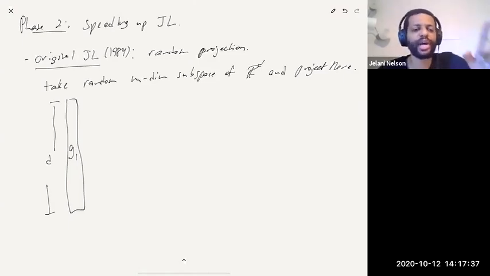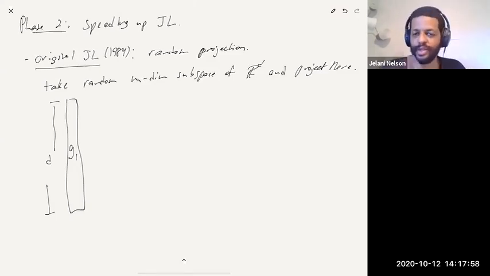The L2 norm of the vector is a random variable, but the direction it's pointing in is uniformly random over the sphere. So you take this G1, which is IID Gaussians, and normalize it by its norm. You remove the randomness from its norm by normalizing. Now you actually have a random point on the sphere. So there's your first basis vector.